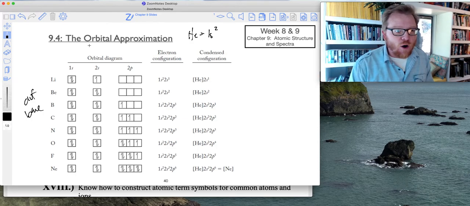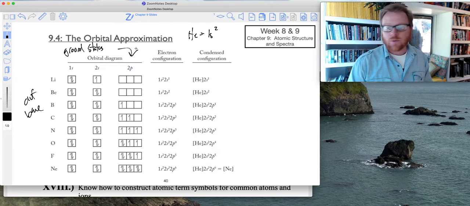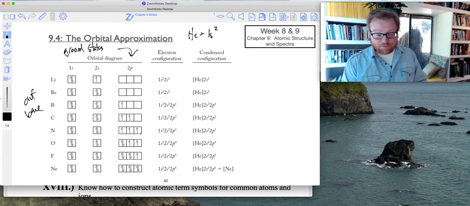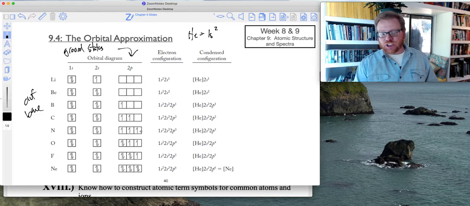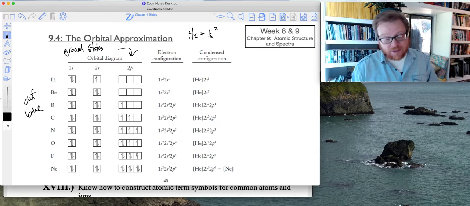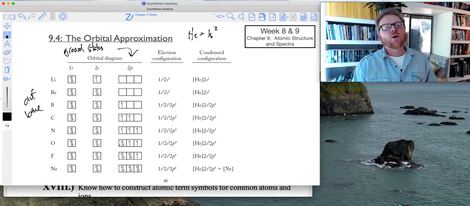These are all ground states. When we go to nitrogen, we still have an open p subshell, so that electron will spread out into that open p subshell. Only when we get to oxygen, where we no longer have any open subshells available, will electron pairing begin.